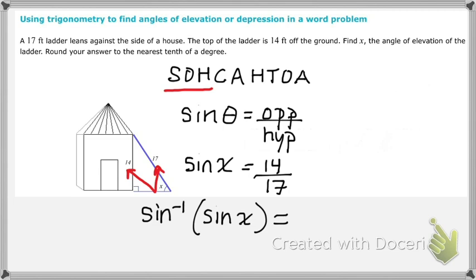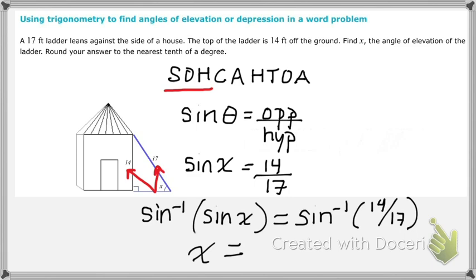Likewise, if I do the inverse of sine, the result is x. And I'm allowed to do that as long as I do that to both sides. So doing the inverse sine of this other side.